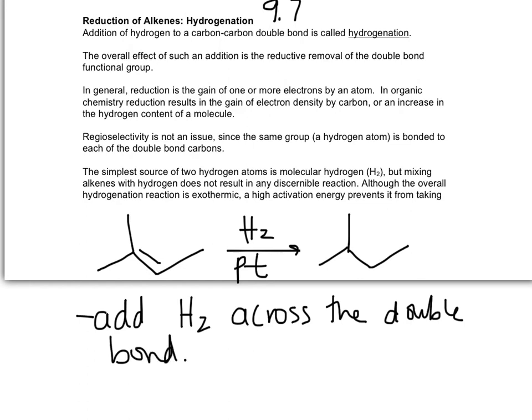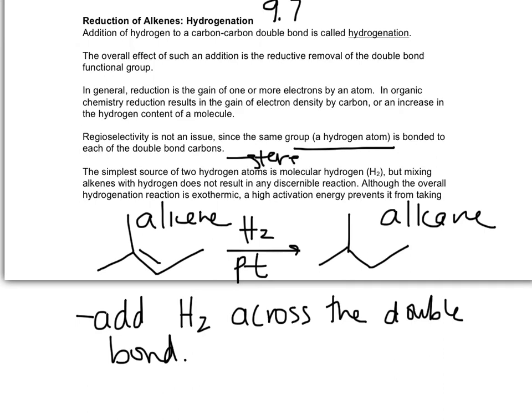We take our alkene and make an alkane. Here we're adding hydrogen to each vinyl carbon, so regioselectivity is not an issue. We do have stereoselectivity, where the hydrogens add syn to each other.